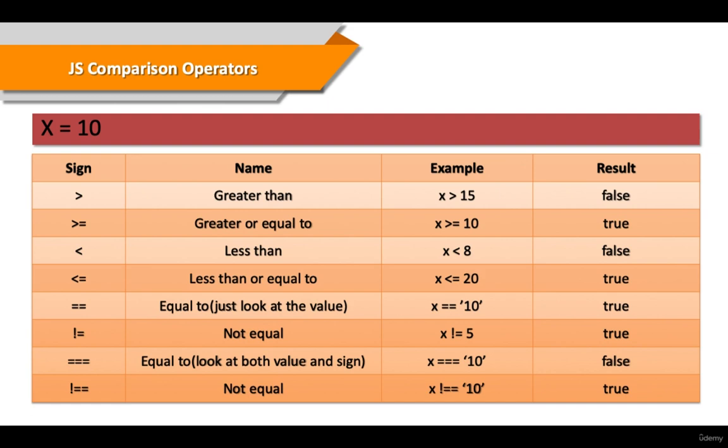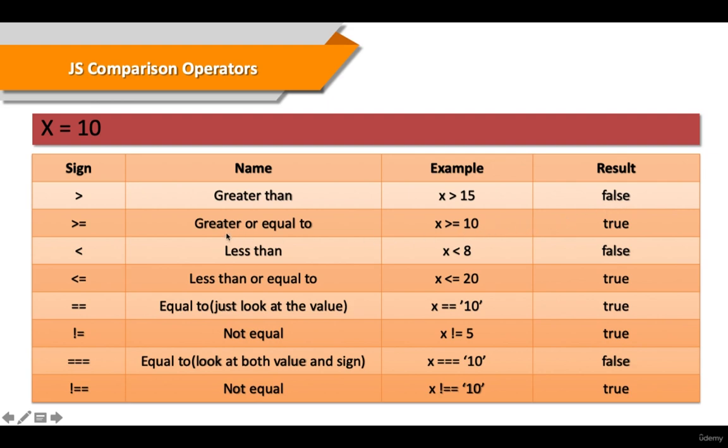All right. So this chart here goes over all of the different comparison operators, and it assumes that x equals 10. So that means that you can plug in 10 wherever you see x. So when we start here with the simplest one, greater than, so x is greater than 15. So is 10 greater than 15? No. So it evaluates to be false.